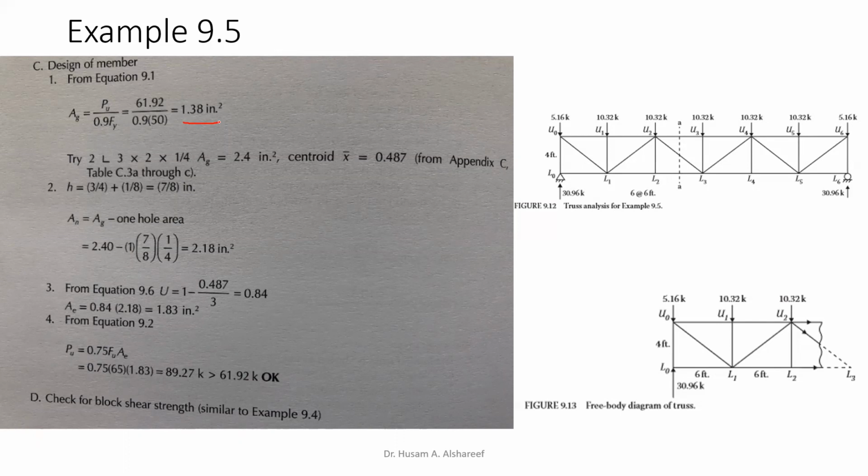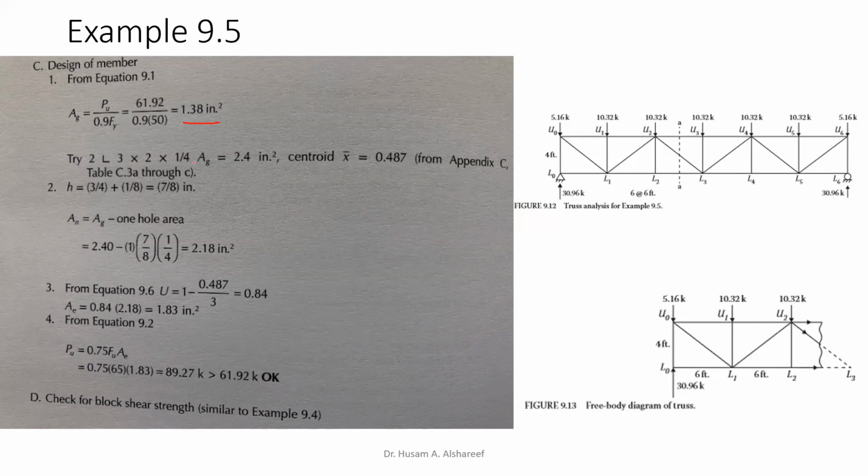If you flip to page 448 and keep going, you reach a few options that are less than 1.38, but we'll follow the book example and choose 1.2 area. If you cross it over to the left, you go to shape L3 times 2 times 1.4.